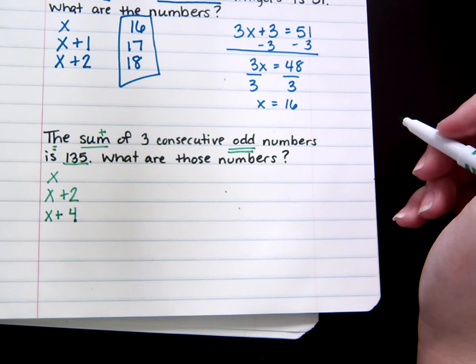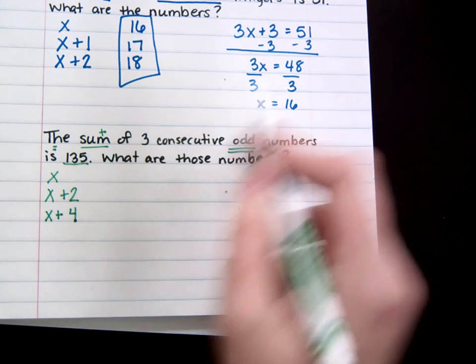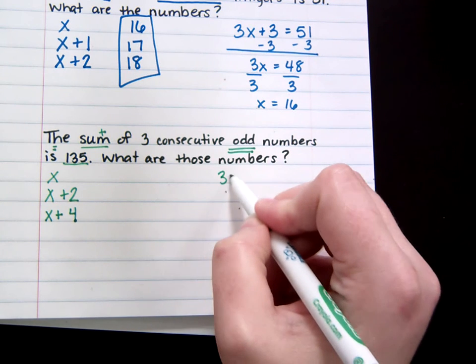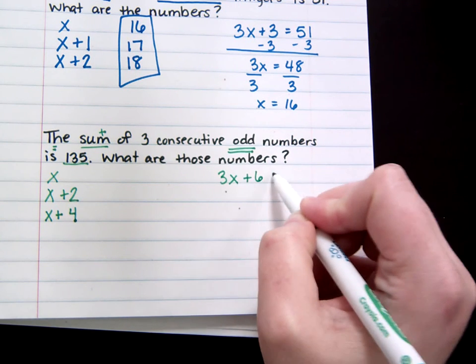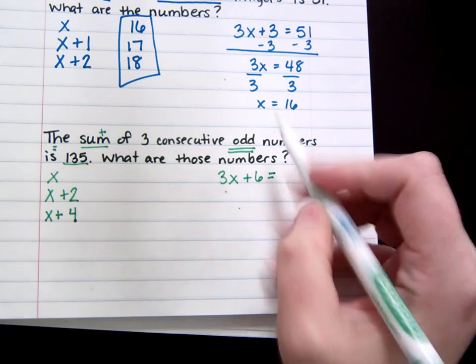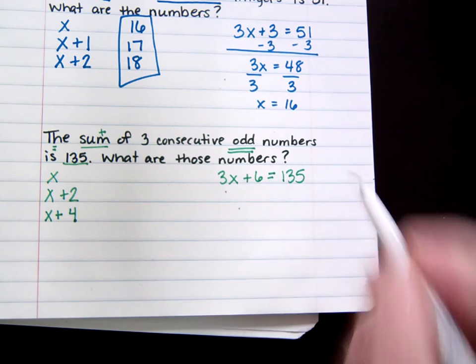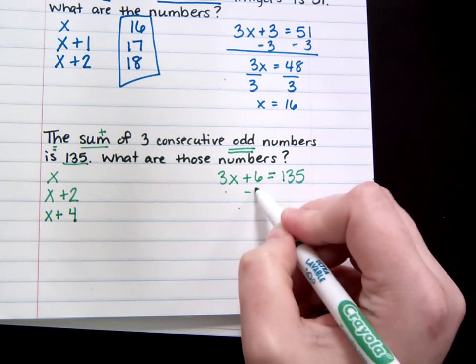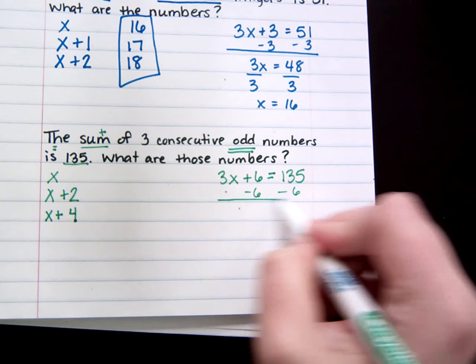So just like we did before, add these three, combine the like terms. We get 3x plus 6. And the sum, when I add these together, is equal to 135. So, just like we did before, we start by subtracting 6.